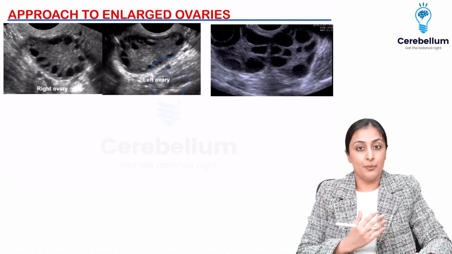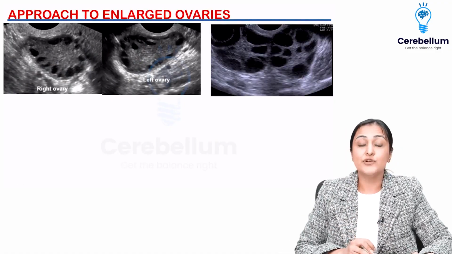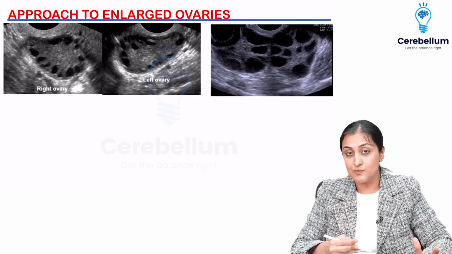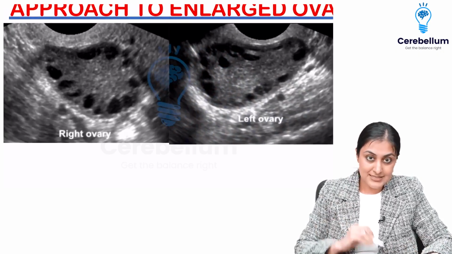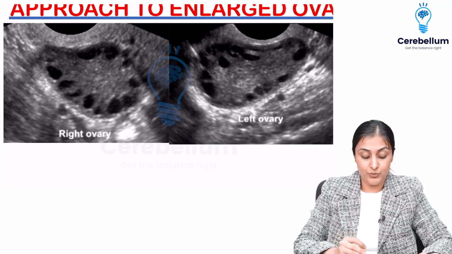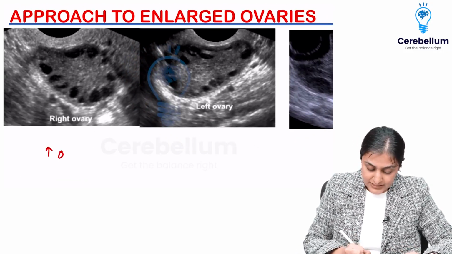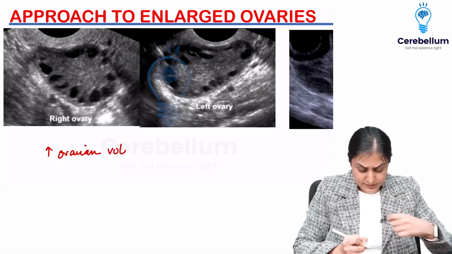Next, we go on to the approach to enlarged ovaries. So whenever you see enlarged ovaries, you have to ask yourself a question. Ovaries are enlarged, but what about the follicles? So look at the first case wherein the ovary volume is increased, right? So this is where you have bulky ovaries, increased ovarian volume, but look at the follicles.